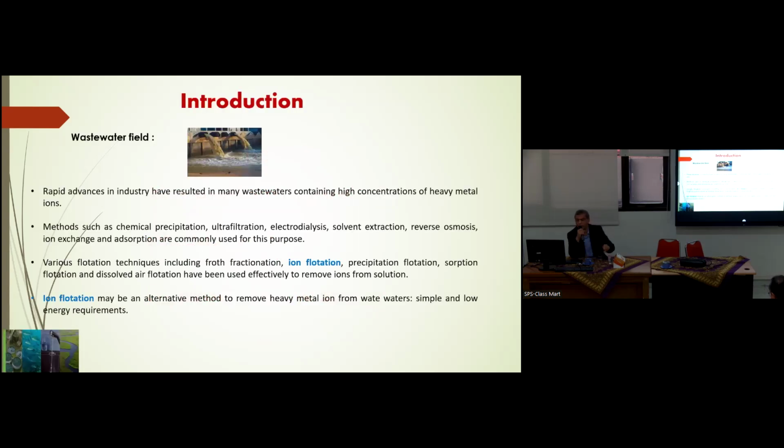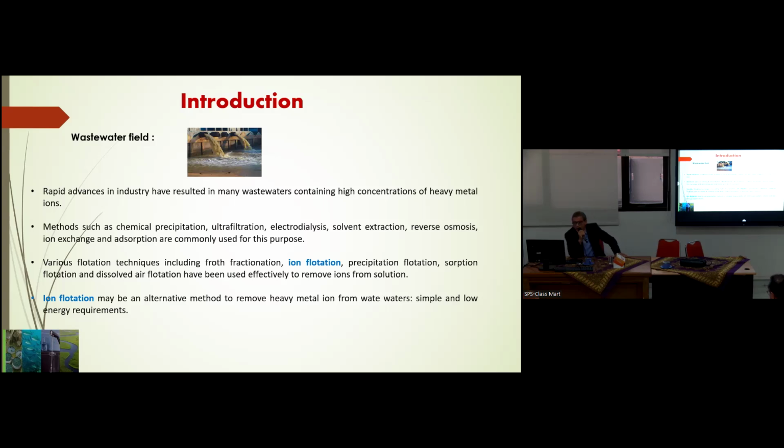It's obvious that many industries release pollutants in wastewater containing high concentrations of heavy metals. There was a question about heavy metals, yes? We have a lot of methods to remove these metals, for example chemical precipitation, ultrafiltration, electrodialysis, solvent extraction, reverse osmosis, ion exchange, and adsorption, which are commonly used for this purpose.